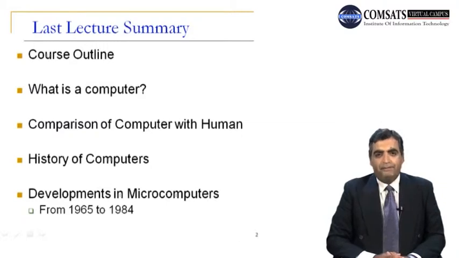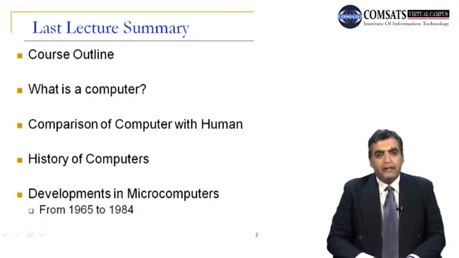In lecture number 1, we discussed the course outline and the recommended books, and the marks distribution for the quizzes, assignments, sessionals and terminal examination. Then we discussed what a computer is, using the definition of a computer, and we studied the anatomy of a digital computer.